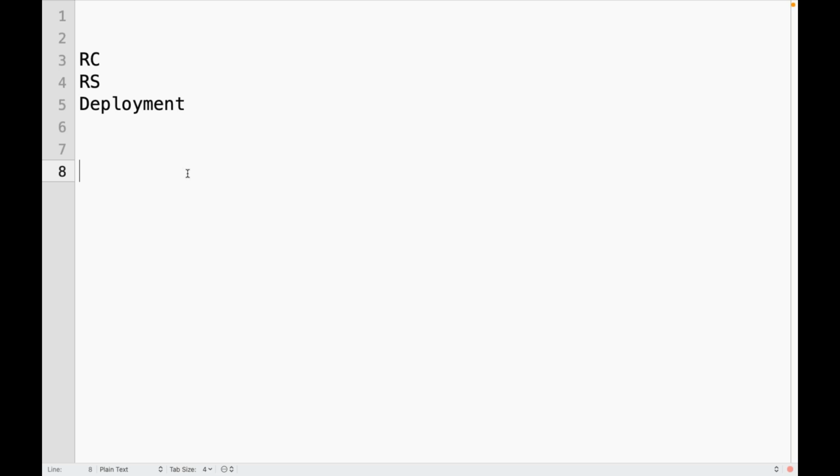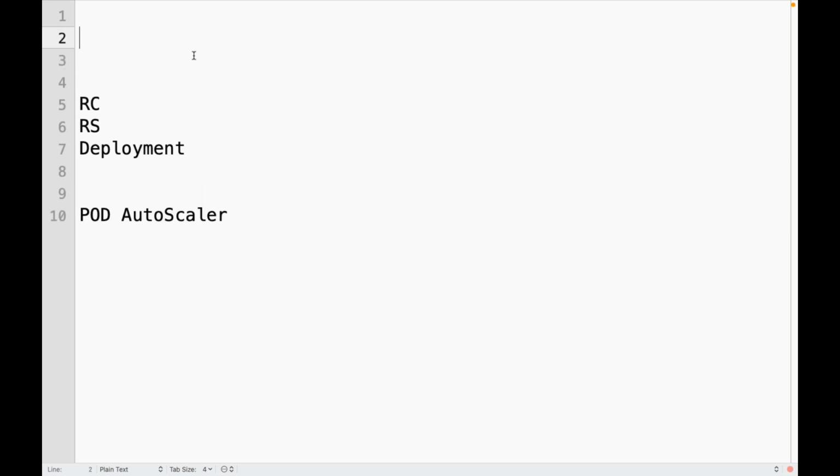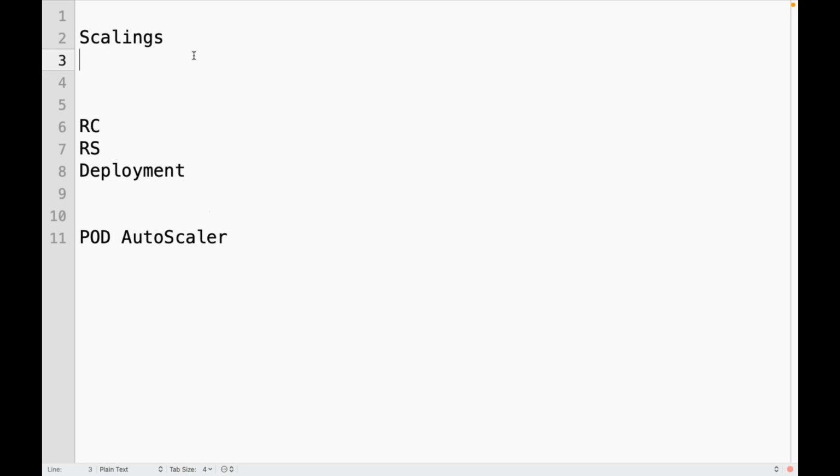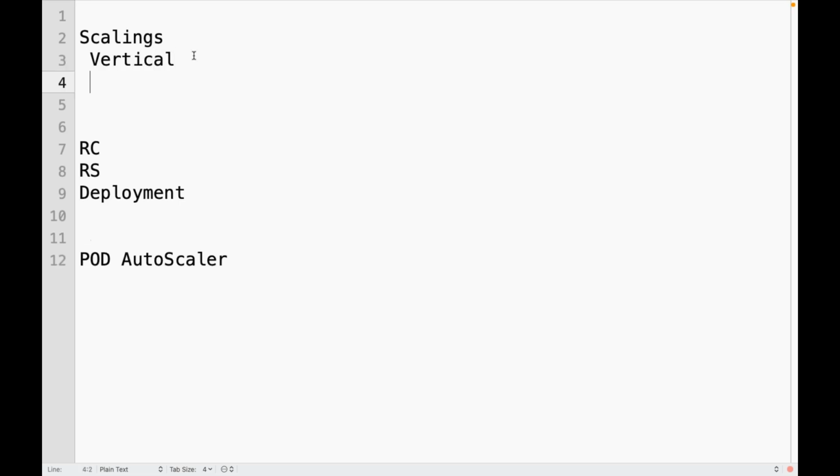Here we have one concept called pod autoscaler. When it comes to auto scaling or scaling, whether it's server scaling or whatever it is, forget how many types of scaling we can do. One is vertical, another one is horizontal.